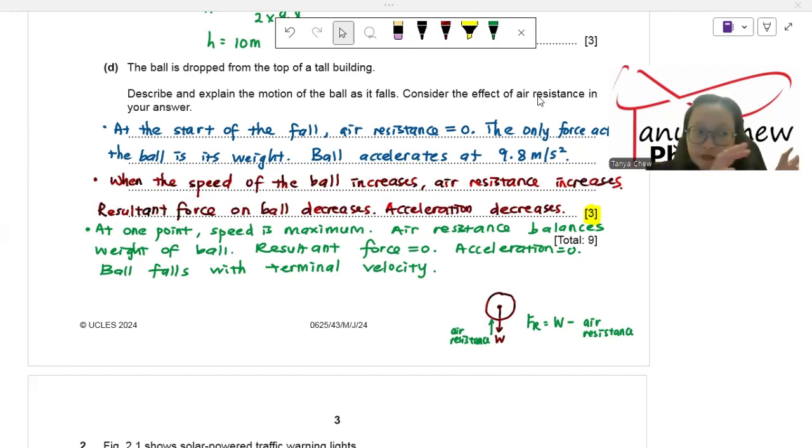You take a number minus the same amount, you will get 0. So therefore, the resultant force on the ball is equal to 0. When the resultant force acting on the ball is equal to 0, the acceleration of the ball is also equal to 0. So from that moment onwards, the ball will fall with a certain maximum velocity. We call it terminal velocity. That is how the terminal velocity is achieved.